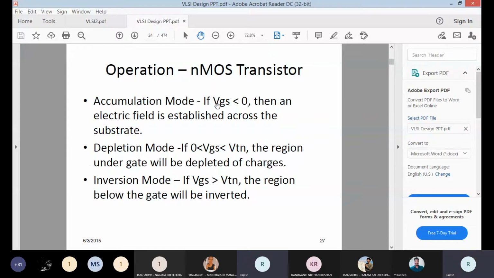If you see in this diagram, if VGS is less than 0, an electric field is established across the substrate, that is called accumulation mode. If VGS is greater than the threshold voltage, that is called inversion, and the region below the gate will be inverted. If you are applying something between 0 and the threshold voltage, the region under the gate will be depleted of charge carriers.